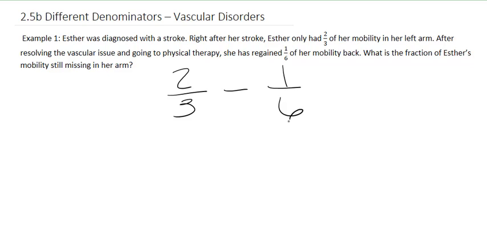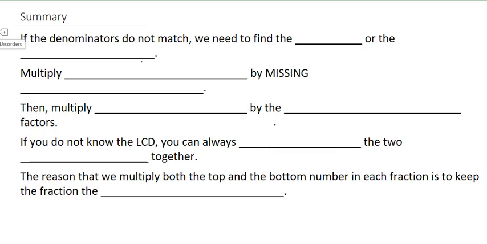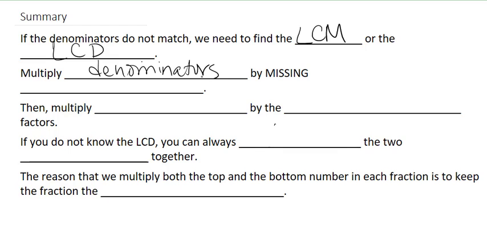Now we cannot just subtract these two numbers, and the reason is because they do not share a common denominator. So let's go over a few things first. If the denominators do not match, we need to find the least common multiple or the least common denominator. And we do this by multiplying the denominators by missing factors.